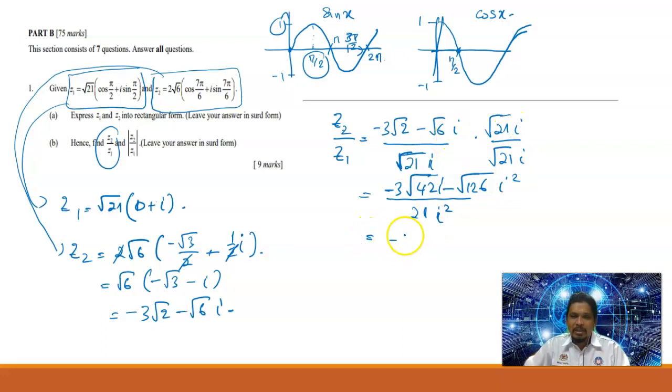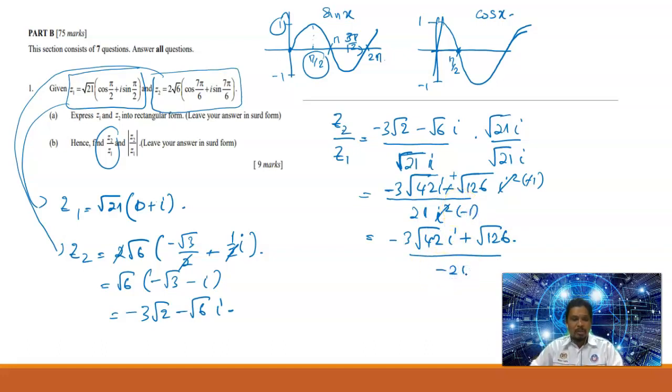So negative 3 square root of 42 i minus, this is i squared, which is negative 1. Negative times negative becomes positive, plus square root of 126 divided by i squared, which is negative 1, divided by negative 21. I think these are the simplest answers that you can get here.